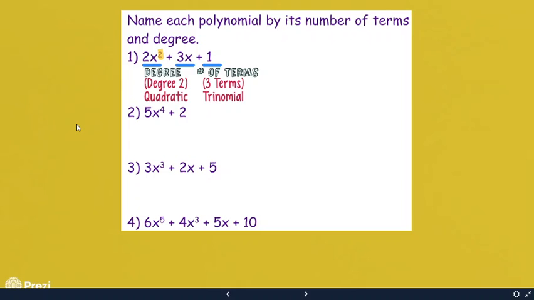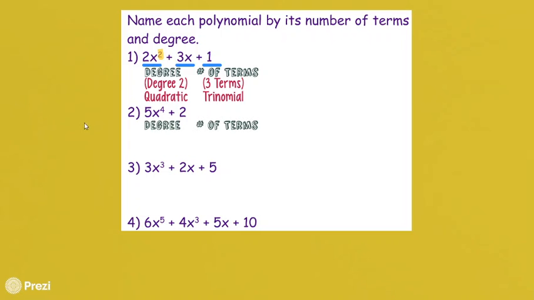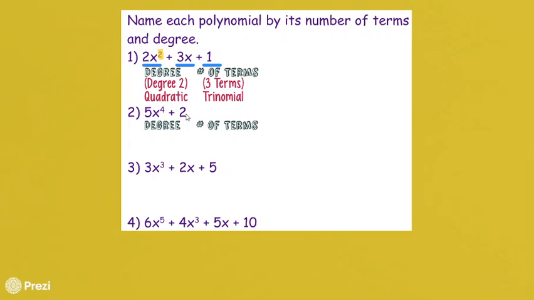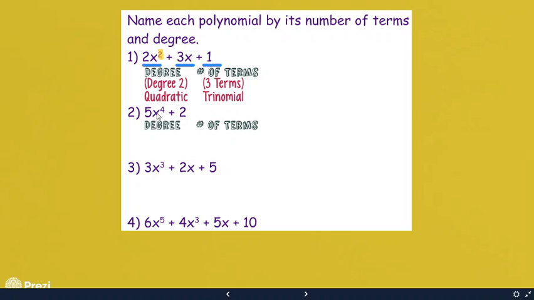So example 2, again, let's start with the degree. So 2 doesn't have a variable in it, so technically, remember when you're missing a variable, it's called degree 0. So this is degree 0. This term's highest exponent is x to the 4th. So the highest exponent out of the whole polynomial is x to the 4th.